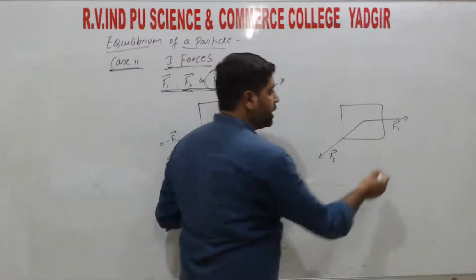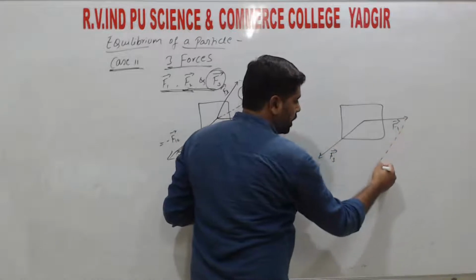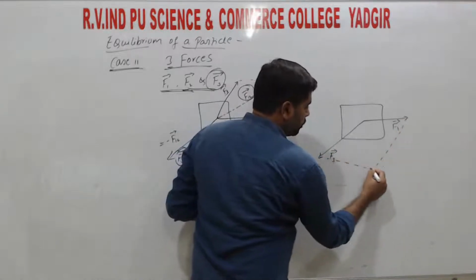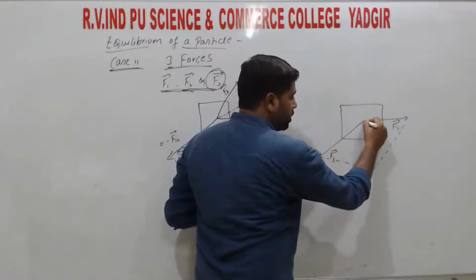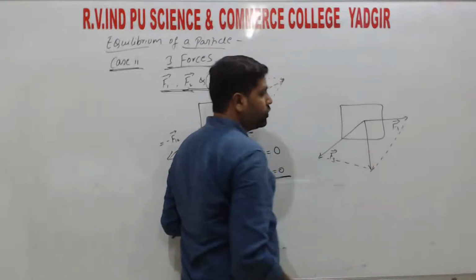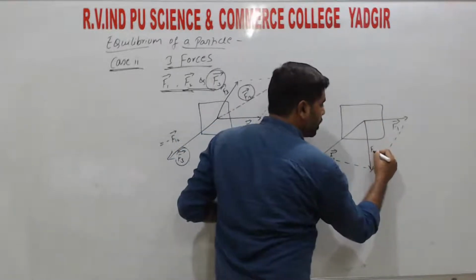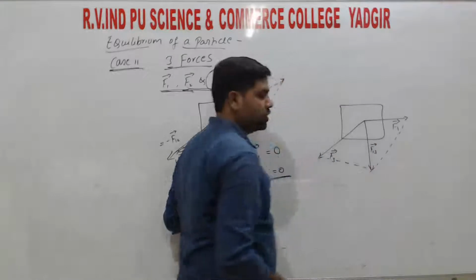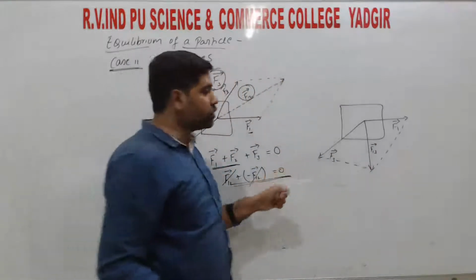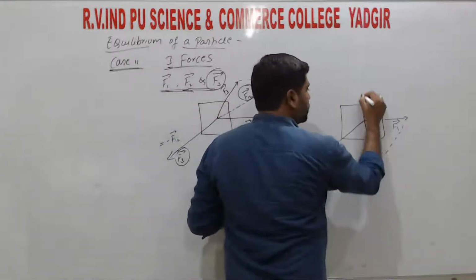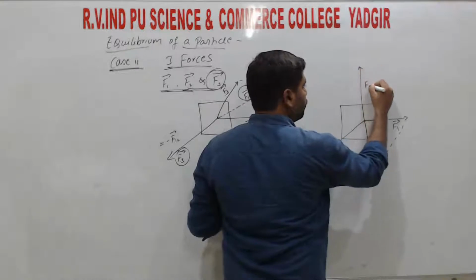Again by completing the parallelogram, right? This gives the parallelogram, and the diagonal gives the resultant of these two forces. So these two forces are F13 forces, right? So the third force which is acting opposite to that, so this gives what?